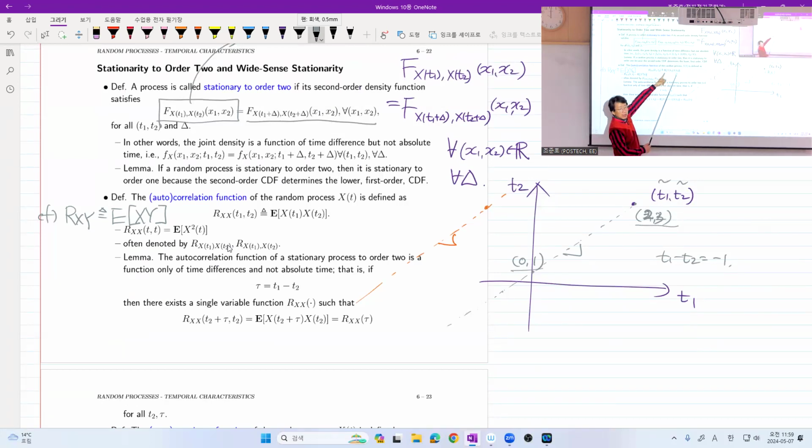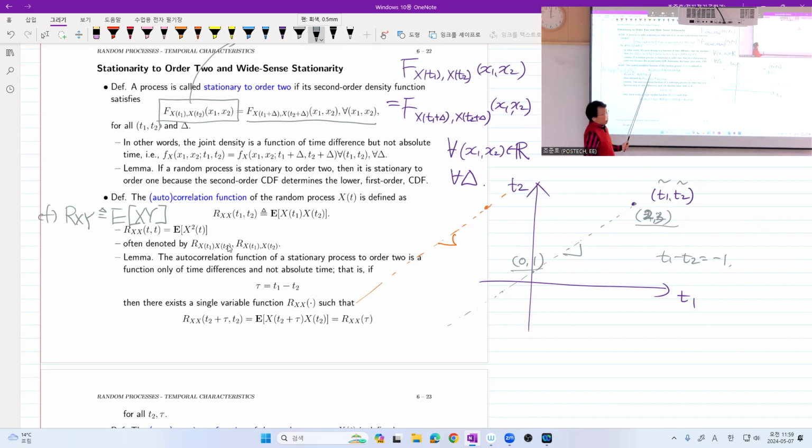Take a look at the right-hand side. You have the expected value of a random process sampled at different time instants, or T1 could be T2, but anyway. At T1, what is X of t? It's a random variable. At T2, what is X of t? That is another random variable.